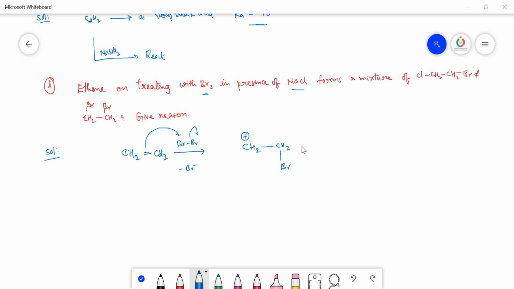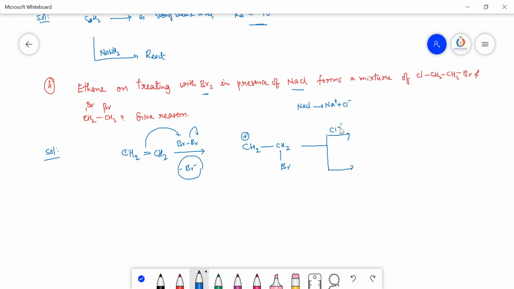So a positive charge will be formed. Now this positive charge will be attacked by two negative ions, two nucleophiles. Here we have taken NaCl, it dissociates into Na plus and Cl minus ion, and one more is the Br minus ion.